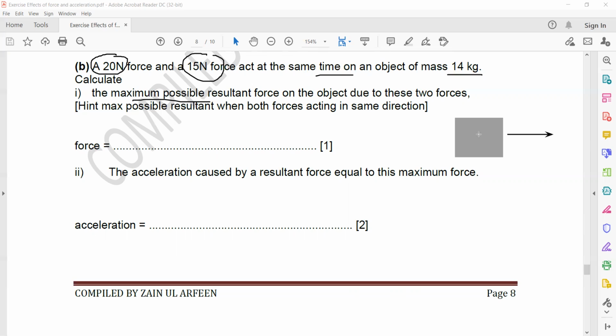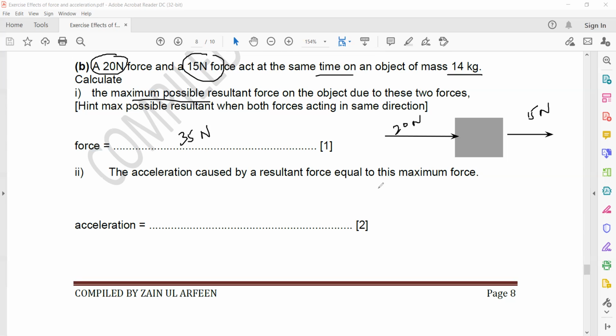If they are acting in opposite directions, it will be the minimum. So the maximum possible resultant is when both forces act in the same direction. So what is the resultant? 20 plus 15 is equal to 35 Newtons.